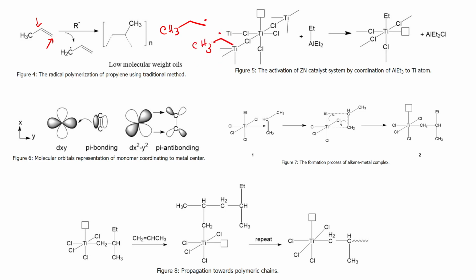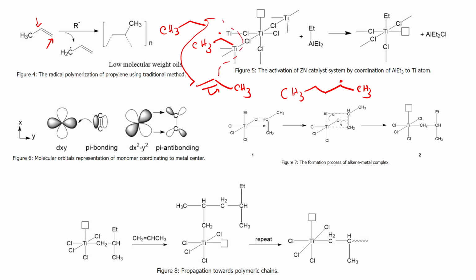Usually this should be the preferred one because it is secondary. Now when you do the addition, only if this happens would you end up with this kind of linearity.